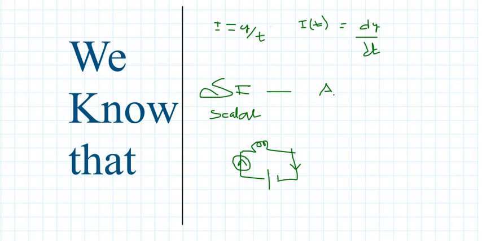Therefore, current is always a scalar quantity. Similarly, we know another thing, that current always has a direction opposite to the direction of the motion of an electron. For example, if an electron is moving in this direction, the current is always in the opposite direction. These are known things from the last session.